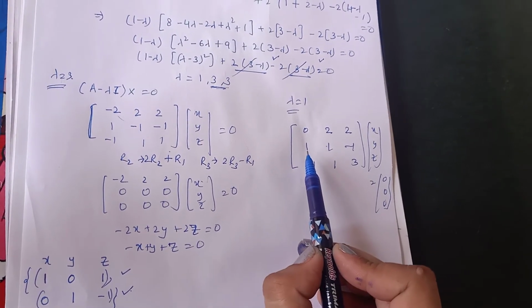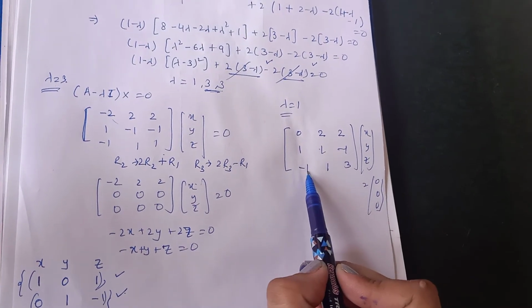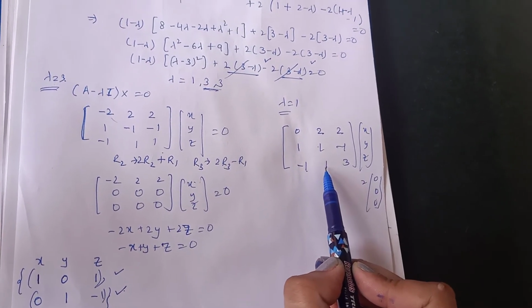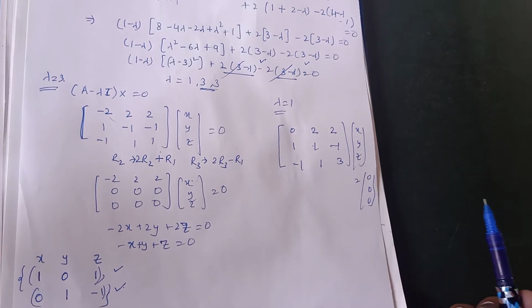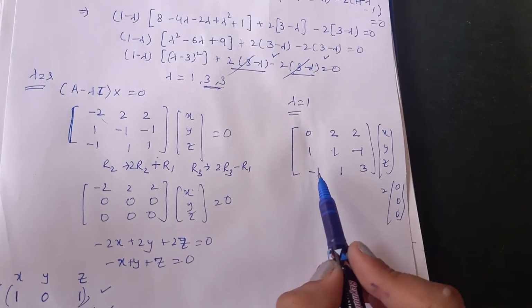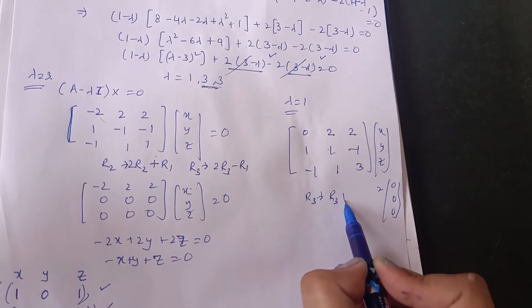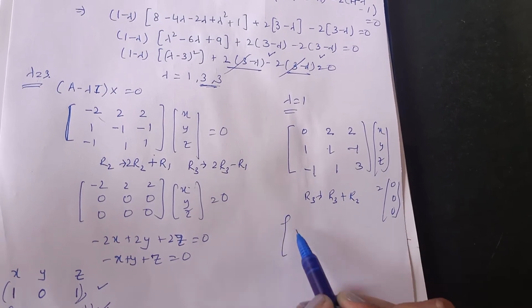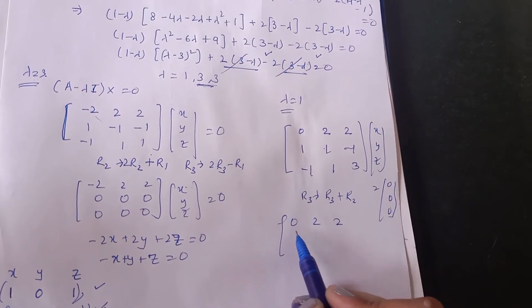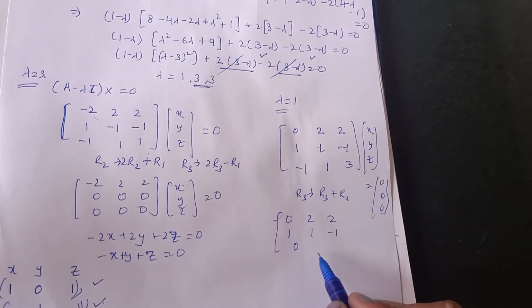I will be making this entry and this entry 0 first, and then we'll see if we need to interchange the rows. Okay, so in order to convert this entry as 0, I will apply r3 plus r2.